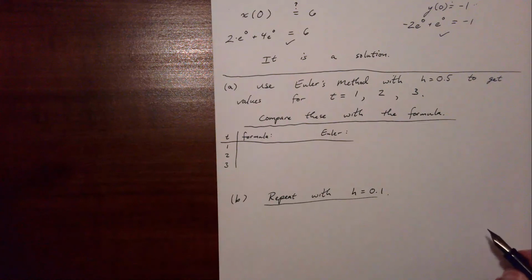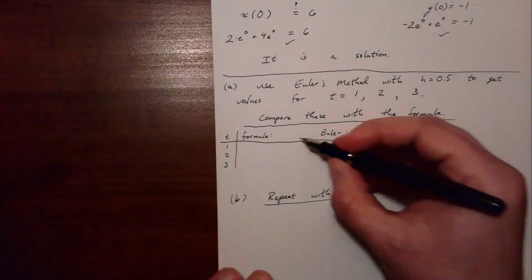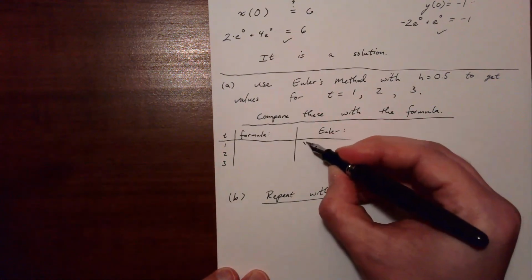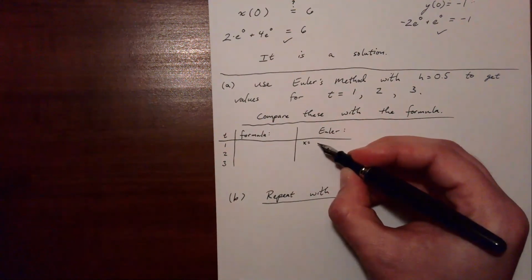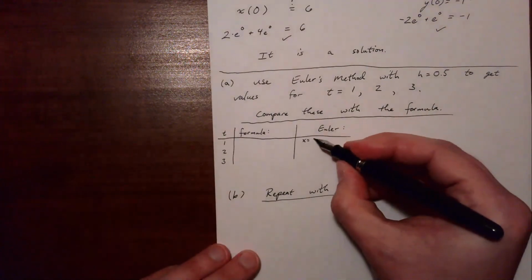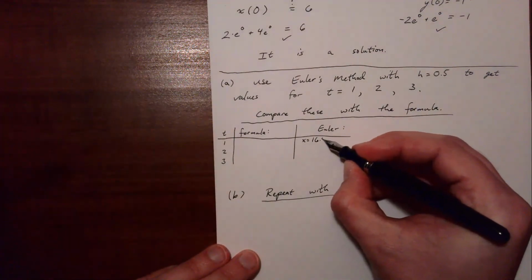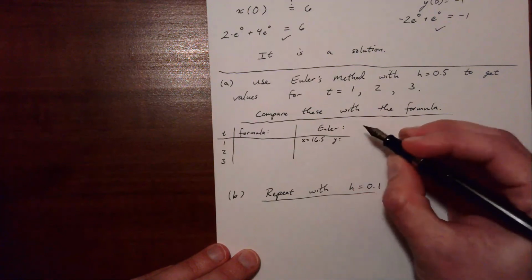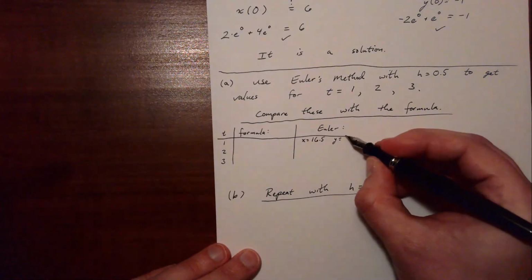All right, well, technically we already did find the Euler's method values for t equals 1. So I guess we might as well put that. So x equals what did we find here? So going back to that page, we found that when t equals 1, x equals 16.5, y equals 3.5.